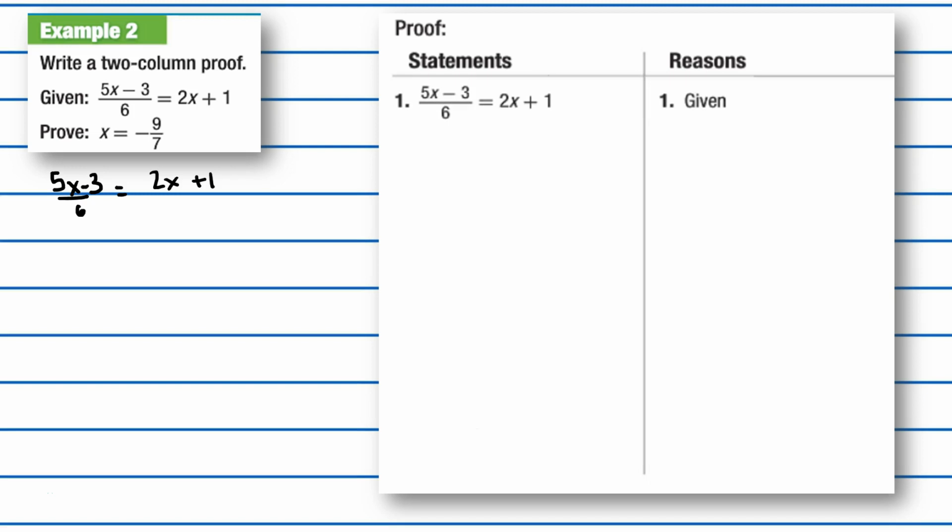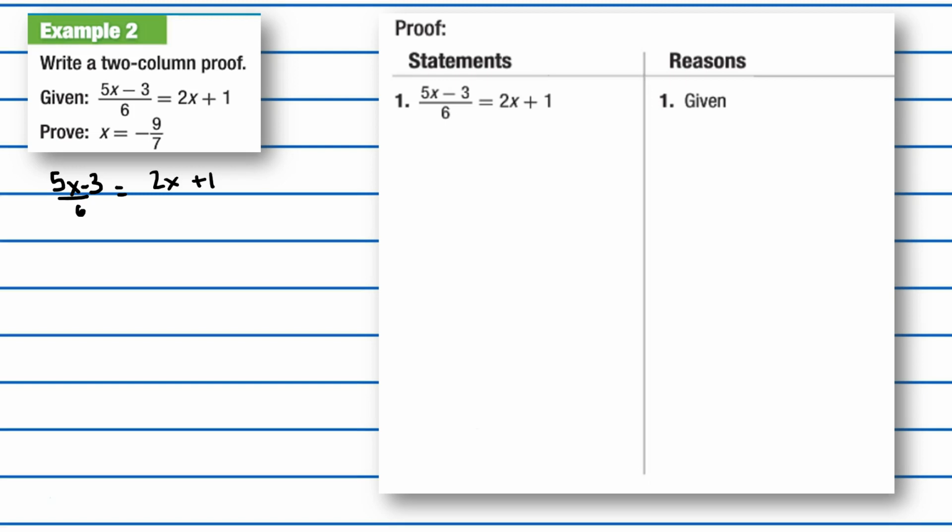It's always the first thing. So as you see here, we have (5x minus 3) divided by 6 is equal to 2x plus 1. And the reason is that it was given to us. We didn't have to do anything special.